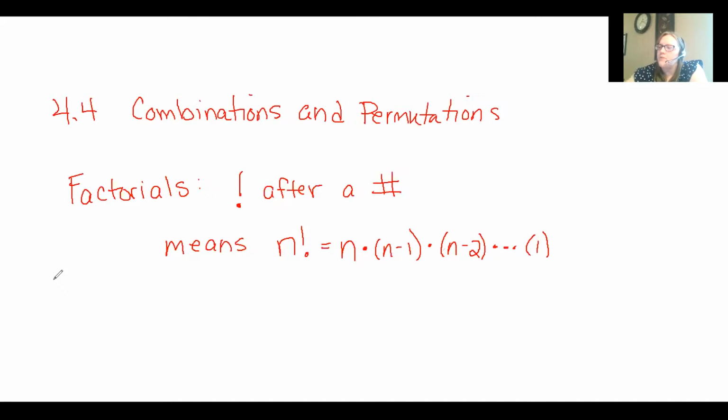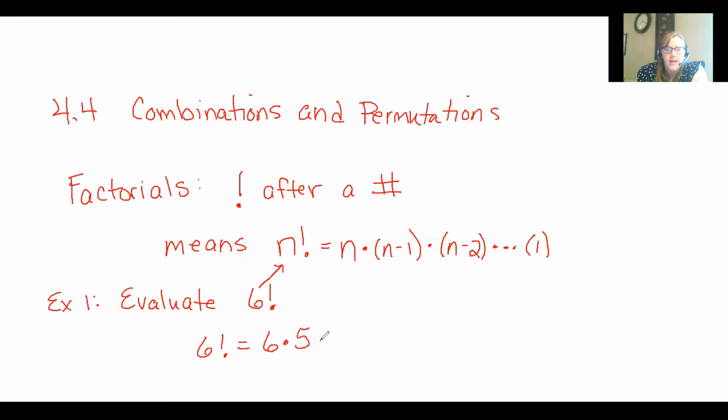So we'll look at an example for that. Take example 1 for 4.4. We want to evaluate 6 factorial. So in this situation, 6 is our n. So 6 factorial equals 6 times 5 times 4 times 3 times 2 times 1.